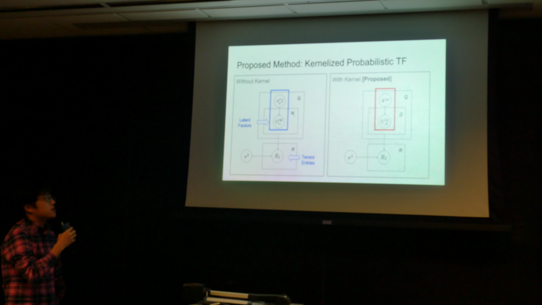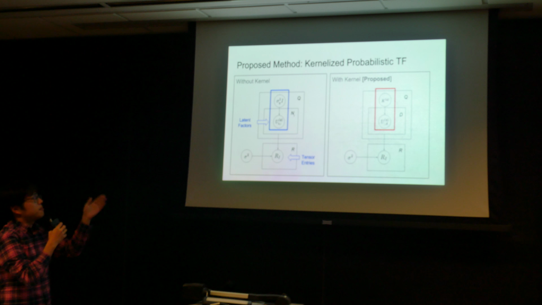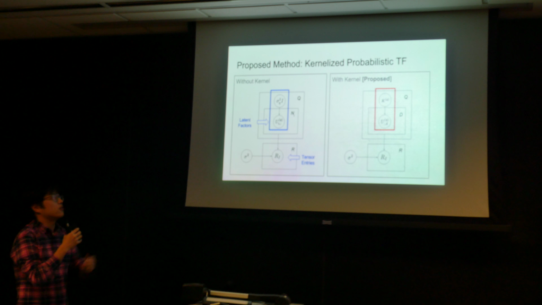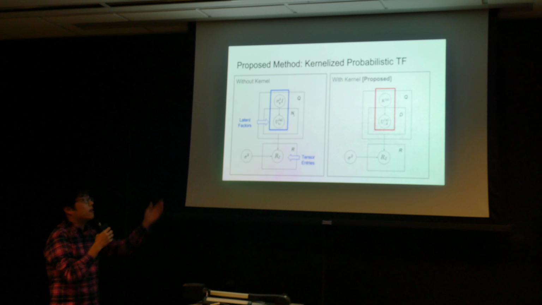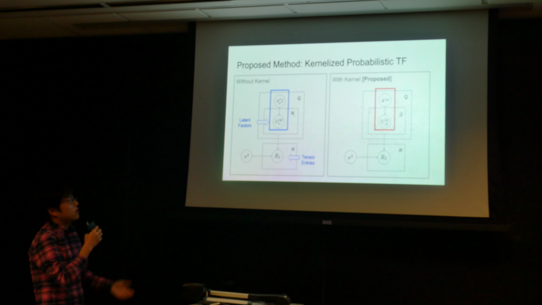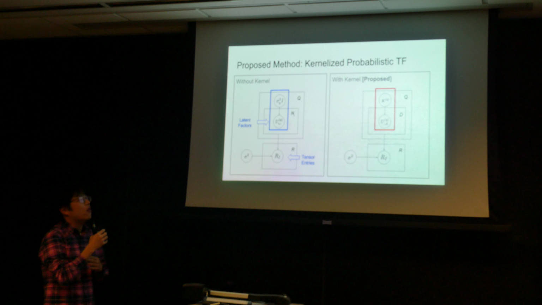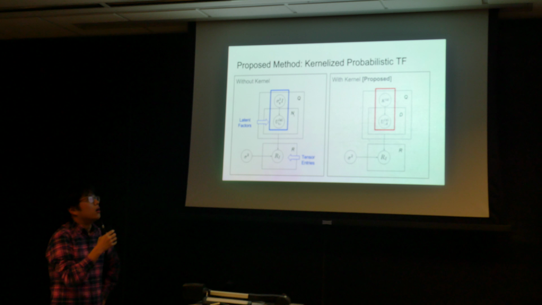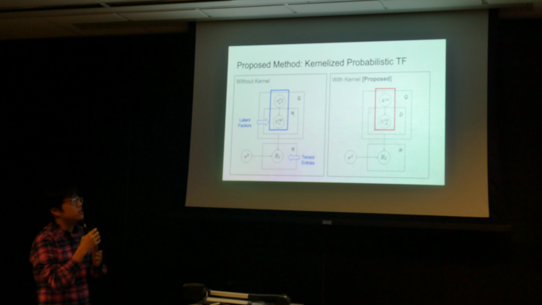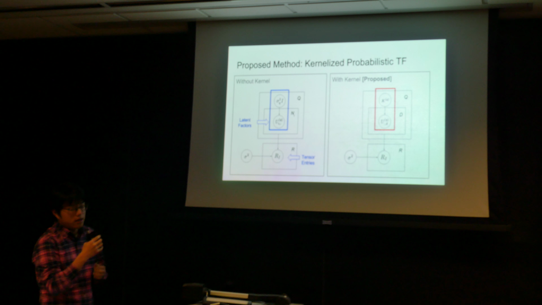These graphical models compare generative processes of the previous method without kernel and the proposed method with kernel. In the previous method, on the left, each latent vector is generated independently from a given distribution. However, in the proposed method, a kernel matrix, which defines correlation between latent vectors, is used to generate latent vectors.